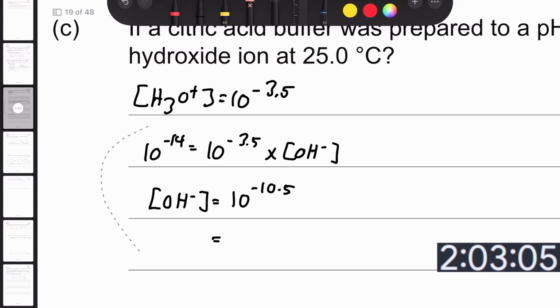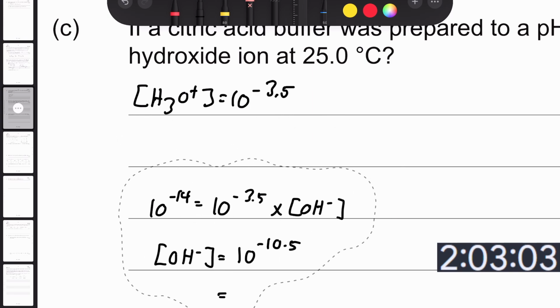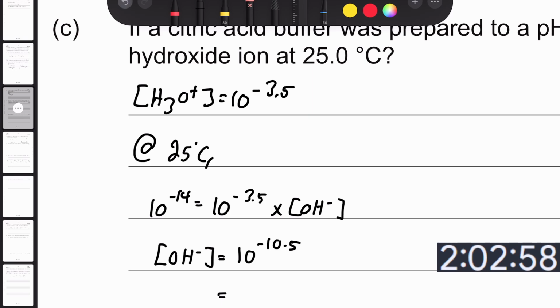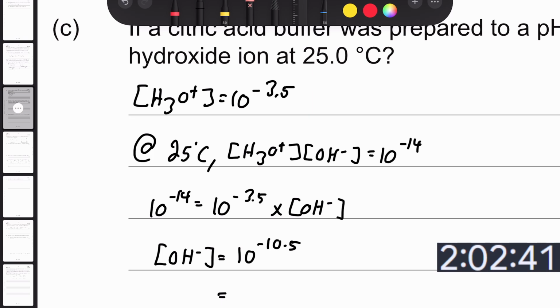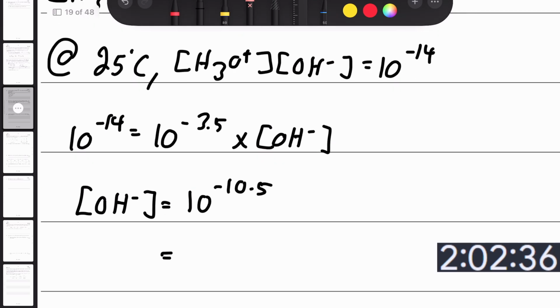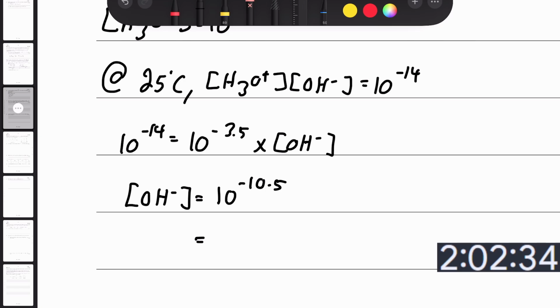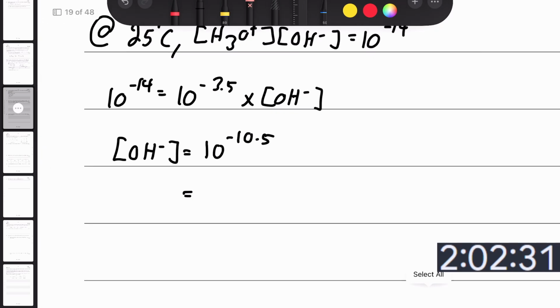Maybe I should write here at 25 degrees Celsius, the concentration of H3O plus and the concentration of OH minus must equal 10 to the negative 14. So then negative 3.5, negative 14, so negative 14 minus 3.5, so negative 10.5.